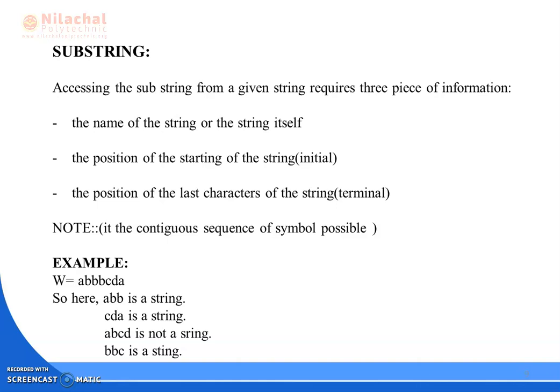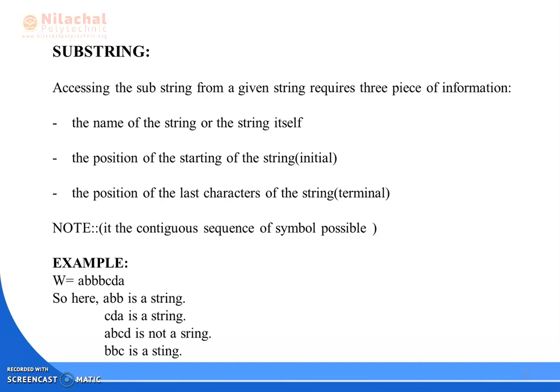Here we are able to see one example. We have taken one string named W, which has characters A, B, B, B, C, D, A. So this is some contiguous character type data stored in your string W. How are we going to find a substring in this given string?